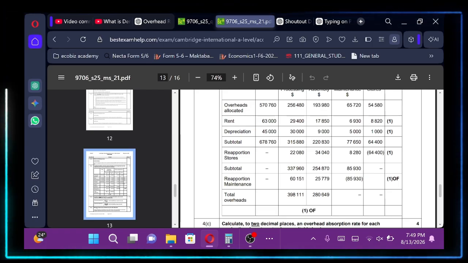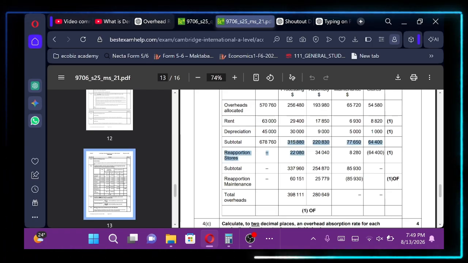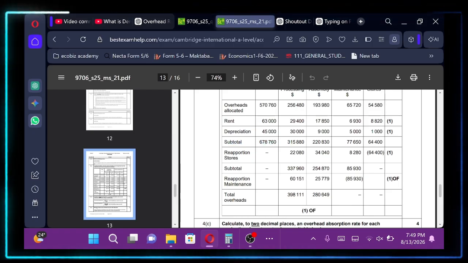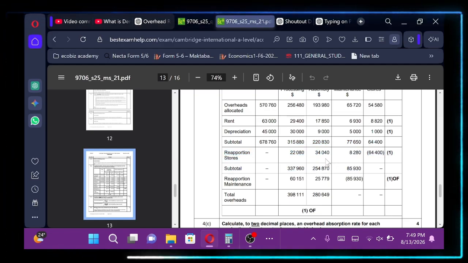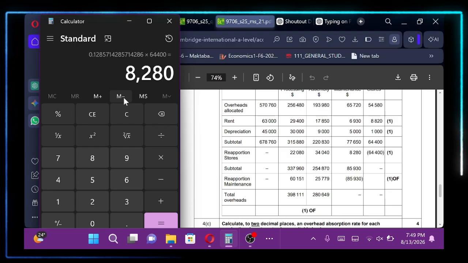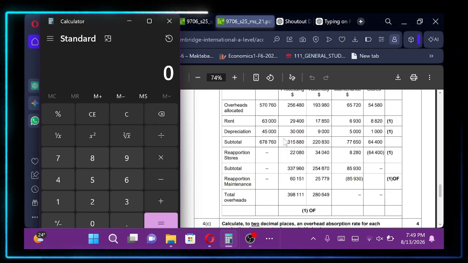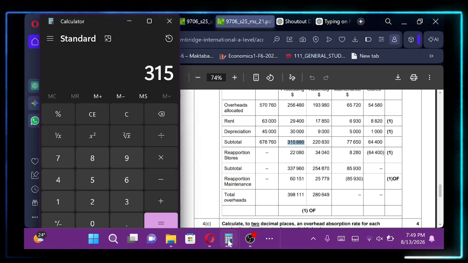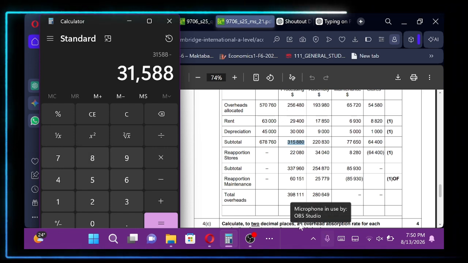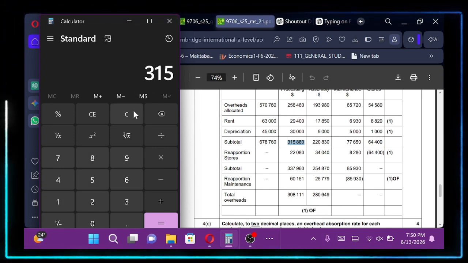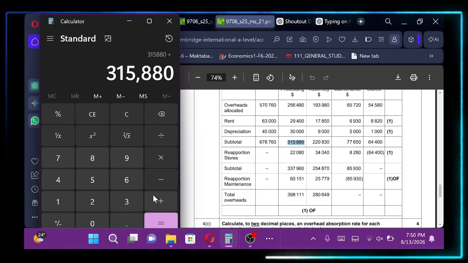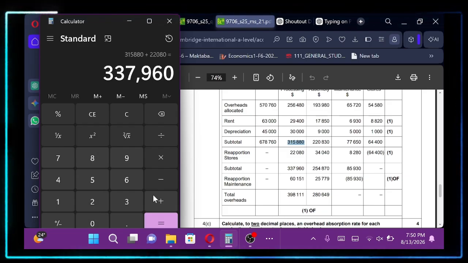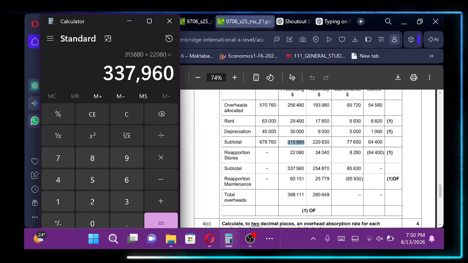Again, we're going to find the total. So the total of the subtotal plus our reabsorption stores. So let me illustrate. 315,880, plus, we get this amount, which is this subtotal.